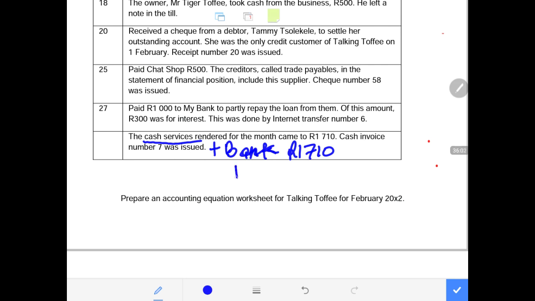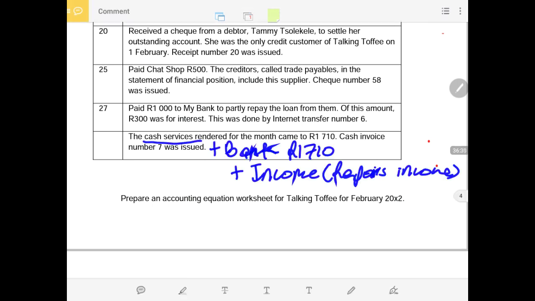Then, because services rendered is our income, our income will increase, but I will write it as repairs income just to make sure that I'm consistent with the way I am writing my details. So this will be income in the form of repairs income, because we are repairing cell phones here. Repairs income will increase on the credit side. Remember, incomes increase owner's equity.